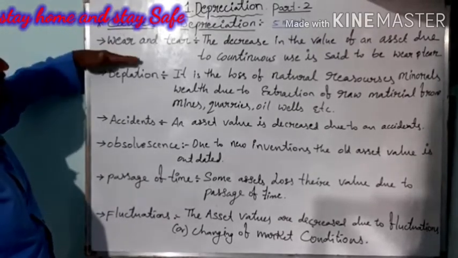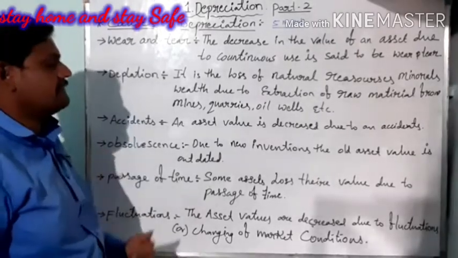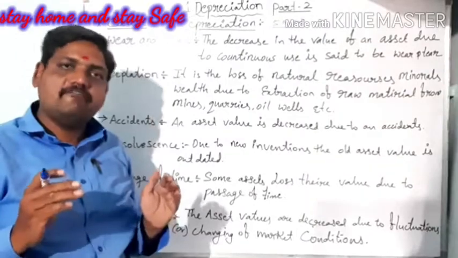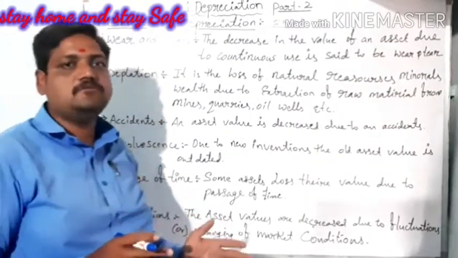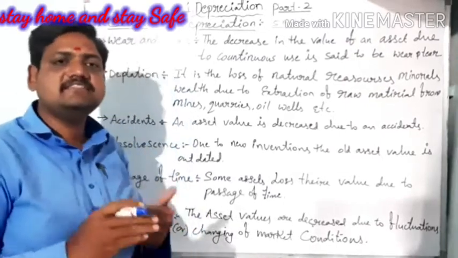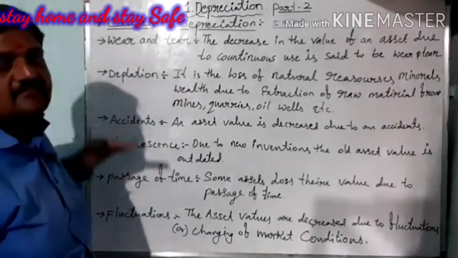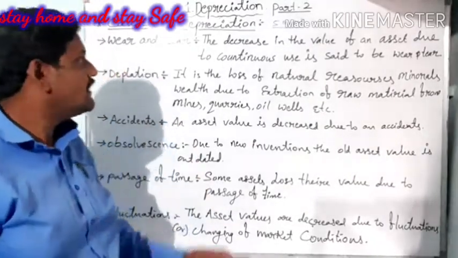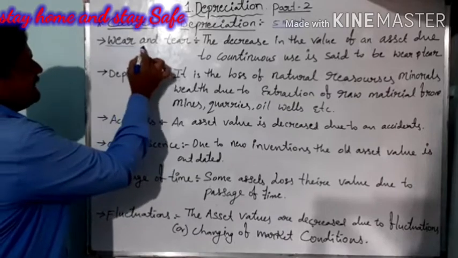The first cause of depreciation is wear and tear. That means every asset, not only some, all assets decrease their values due to continuous usage. That is called wear and tear. This is one of the major causes of depreciation.